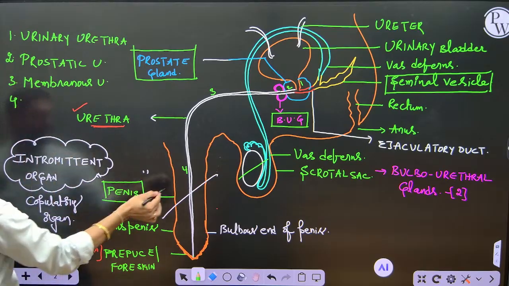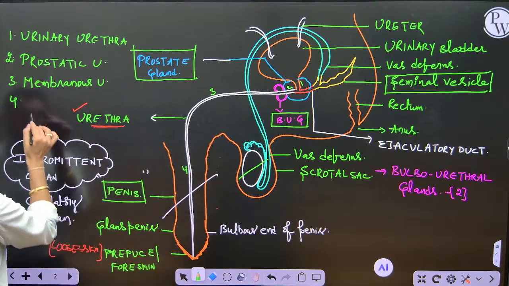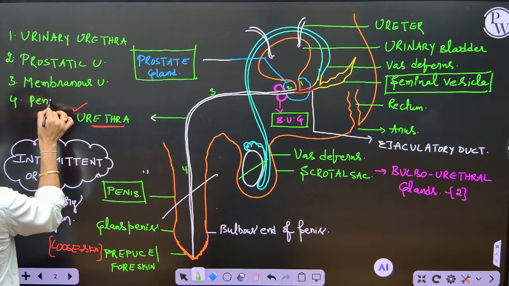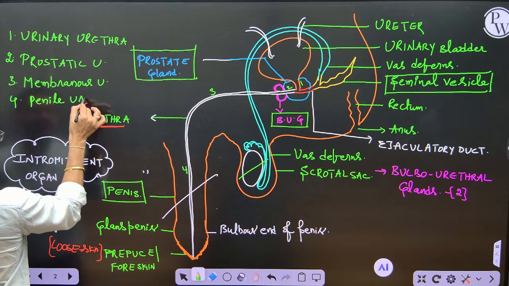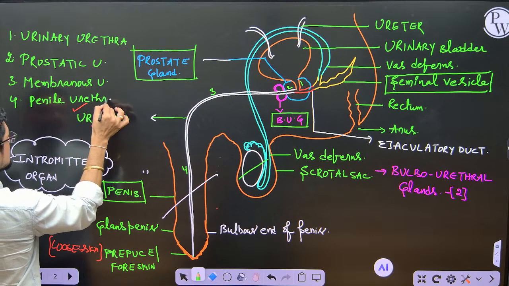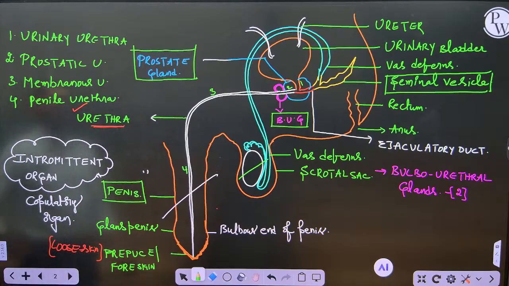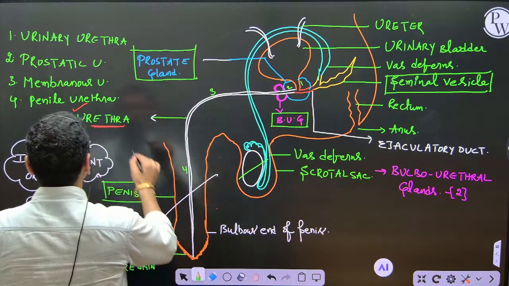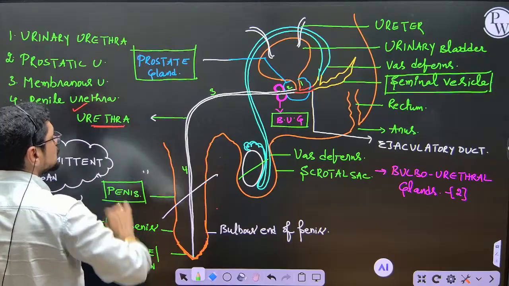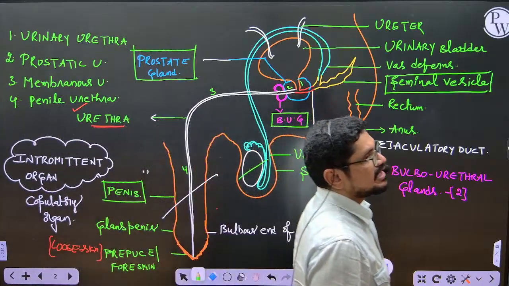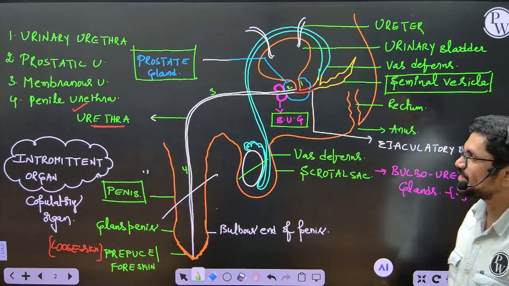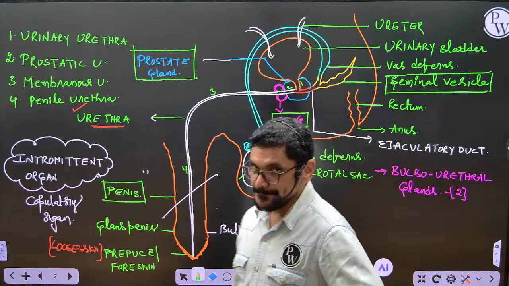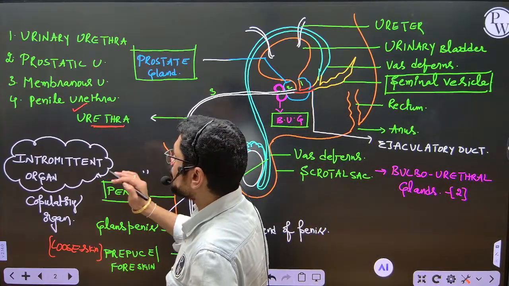And the fourth part of the urethra, which is present in the penis, is called penile urethra. So four parts are there: number 1 urinary urethra, number 2 prostatic urethra, number 3 membranous urethra, number 4 penile urethra.